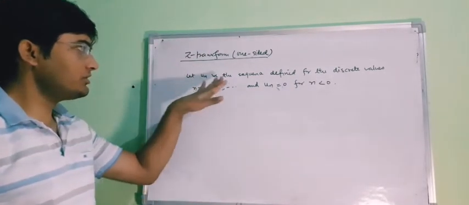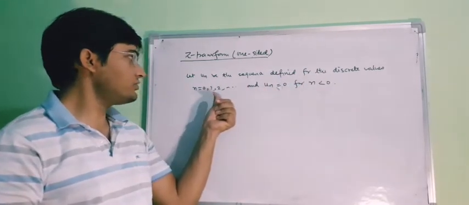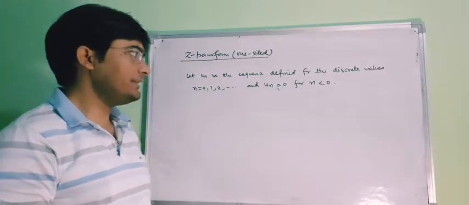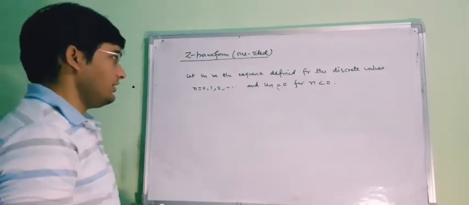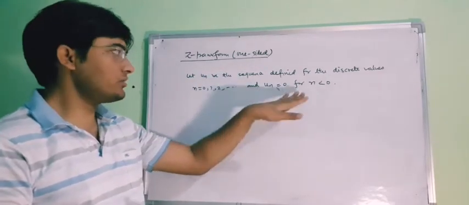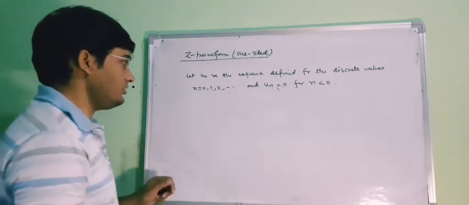Then here our un is a right-handed sequence because we are taking n as 0, 1, 2 and so on.